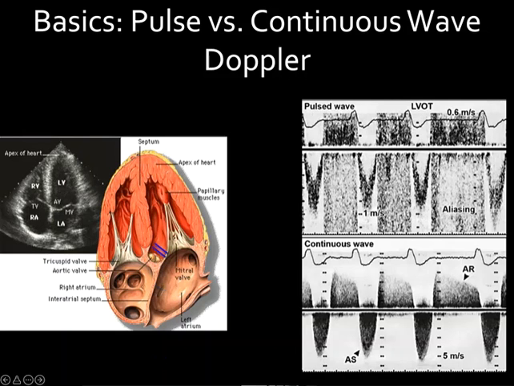That is going to tell you what the velocities are in the LVOT specifically. And if you switch to a continuous wave, you're going to get the Doppler signal at the bottom. It's going to register the highest velocity in that angle, which, as you see, is very, very different than when you're doing the pulse wave. So that will give you the highest velocity, which in this case is because of AS.